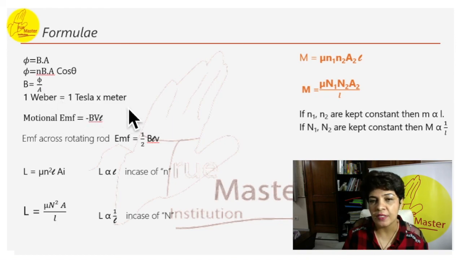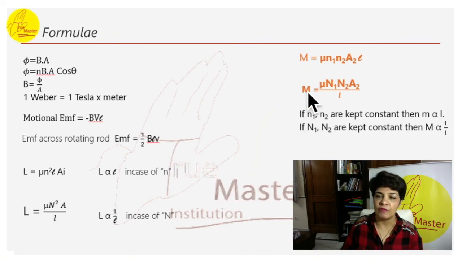Motional EMF is minus BVL, and these are all the formulas that I'm repeating for you. EMF across a rotating rod is half BLV. We have studied this for self-inductance and for mutual inductance. These are all the formulas that you have to remember.